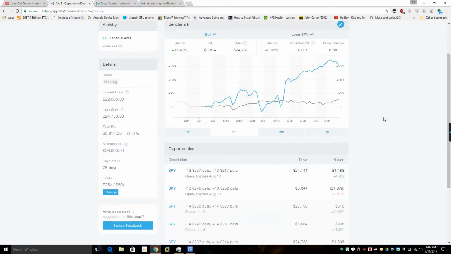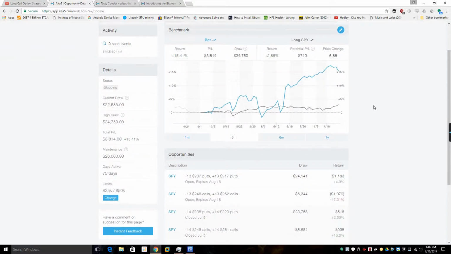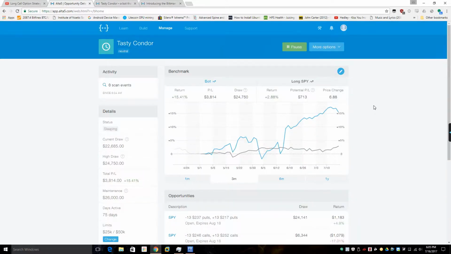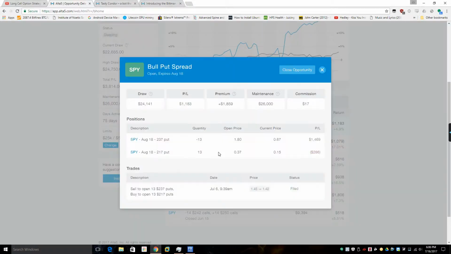So, I have these bots running here that are based off of tried and true algorithms. And just as an example, I'll bring up this robot. This is what I call slow and steady. This takes usually monthly option type trades. As you can see, it expires August 18th, and from 1.45 to 1.42 I have put options being sold.